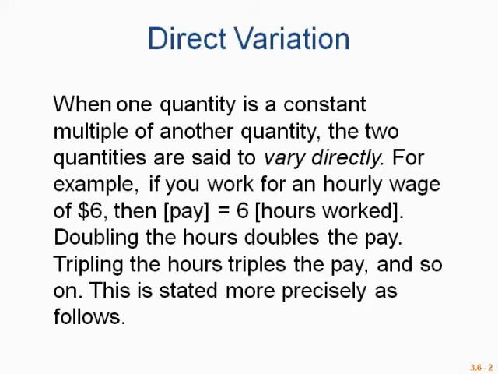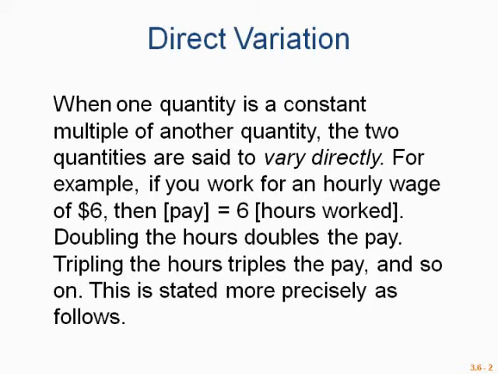Here's an example. When one quantity is a constant multiple of another quantity, the two quantities are said to vary directly. For example, if you work for an hourly wage of $6, then pay equals 6 times the hours worked. Doubling the hours doubles the pay. Tripling the hours triples the pay, and so on.